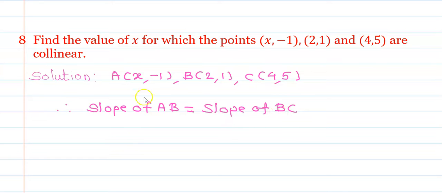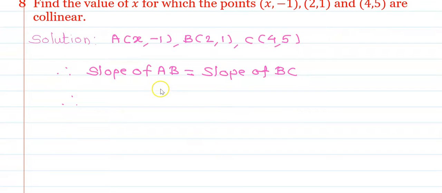Now we'll find their slopes, again the difference of the y coordinates upon the difference of the x coordinates. For AB: -1 minus 1 is -2, upon x minus 2. For BC: 1 minus 5, and 2 minus 4.